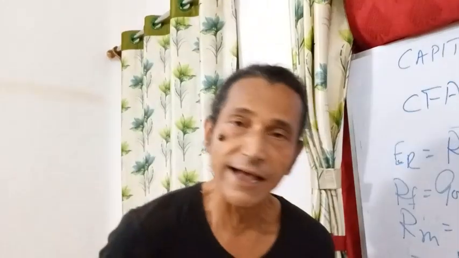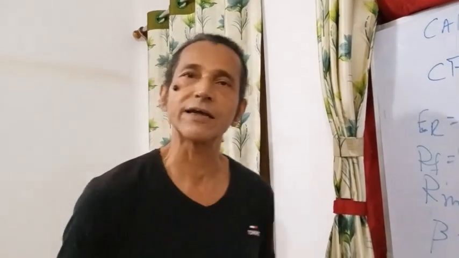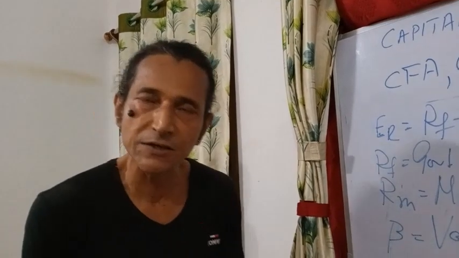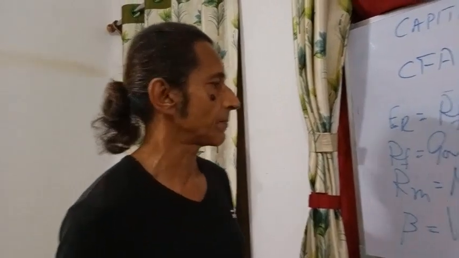For taking that risk, the market rewards the investor. That is called the market premium, because the investor is taking the risk for which he is getting that premium through return.